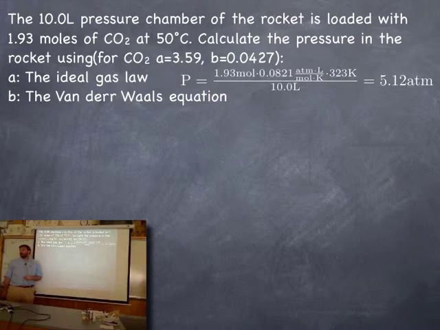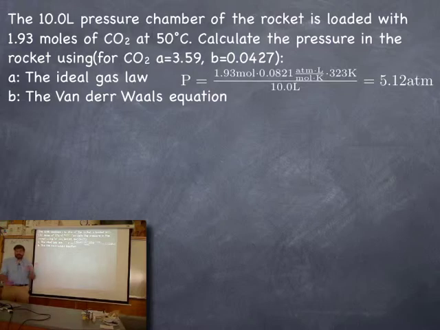Now, here's your A and B value. What pressure would we really measure? It's going to take a little while. You know the ideal gas law equation, right? I gave it to you. You have all the variables but P. You need to substitute and solve for P. It's more complicated math.